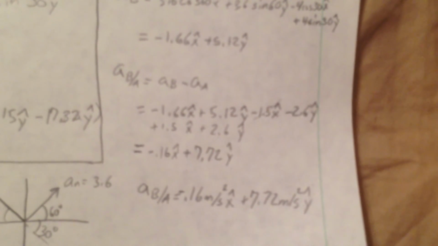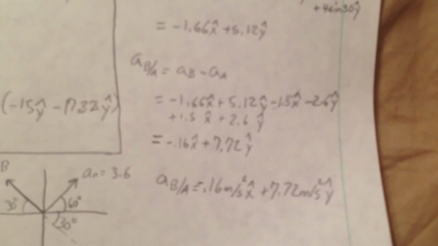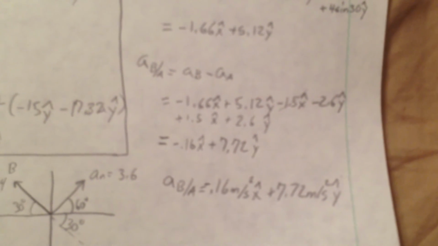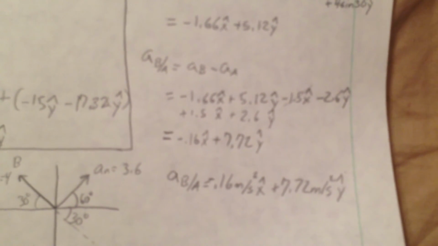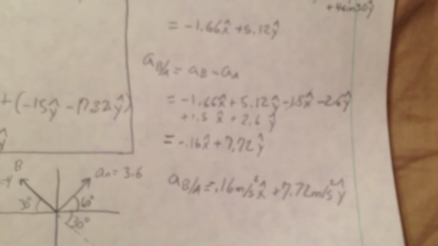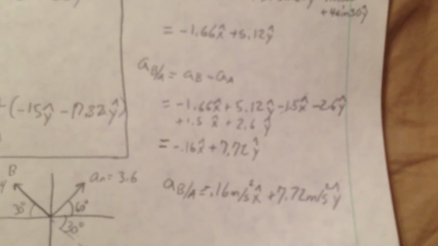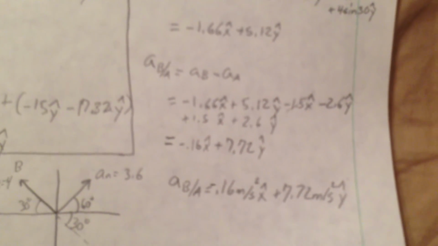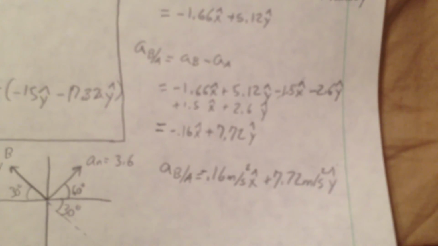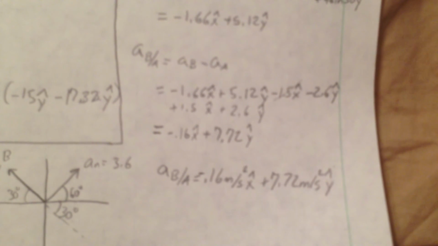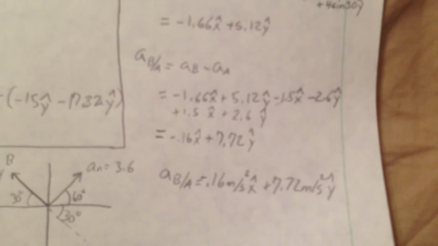And you can just combine the like terms, and then you end up getting that the acceleration of B with respect to A comes out to being negative 1.6 meters per second squared x hat plus 7.72 meters per second squared y hat.